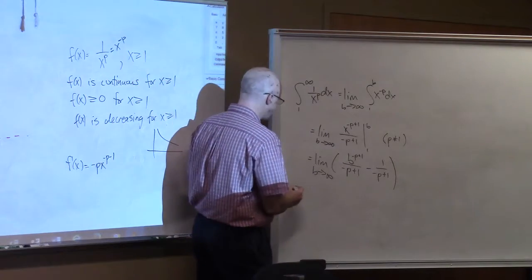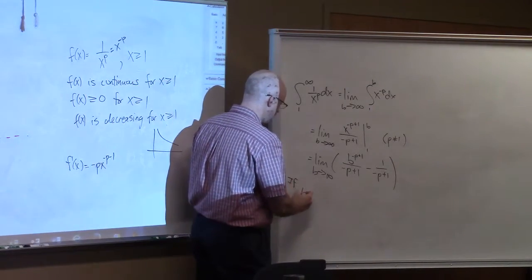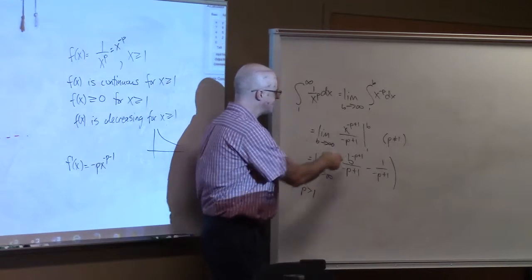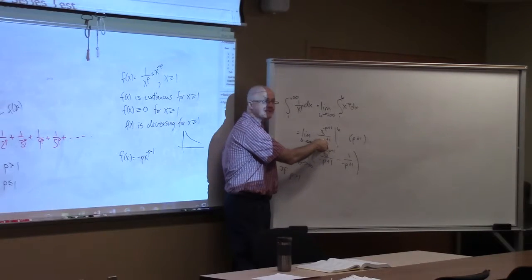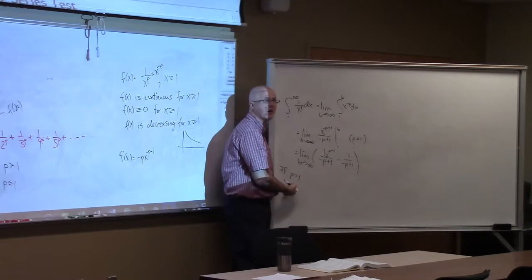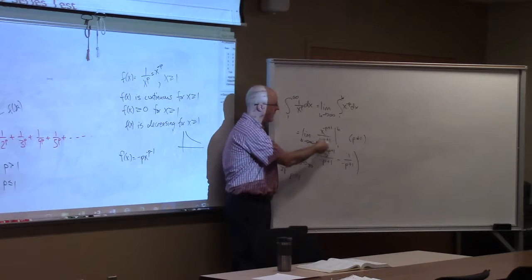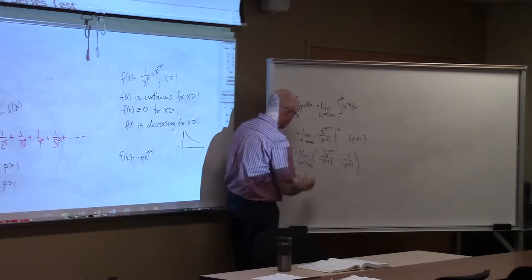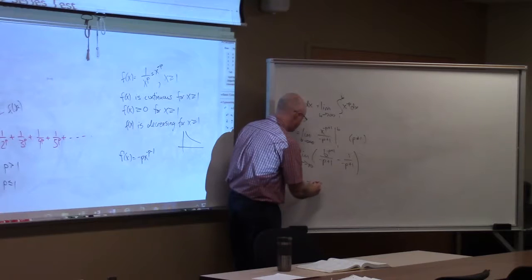If p is bigger than 1, what can you say about the power of b here? You could say it's negative. For example, if p is 1.1, then this power would be negative 0.1. If p is 2, this power would be negative 1. If p is 3, this power would be negative 2. If p is bigger than 1, negative p plus 1 is negative.